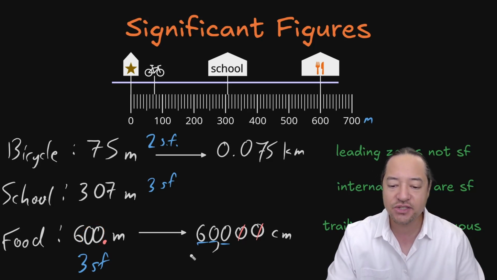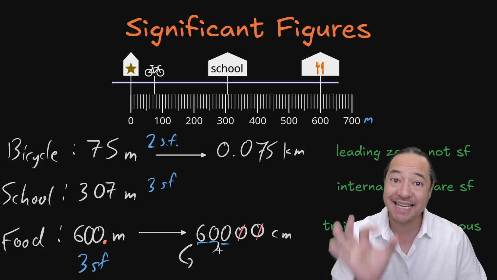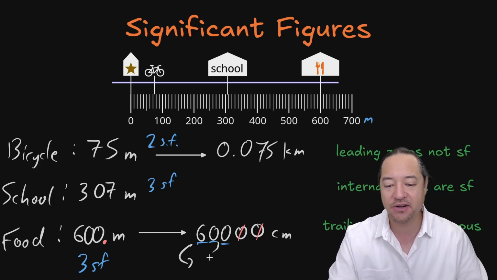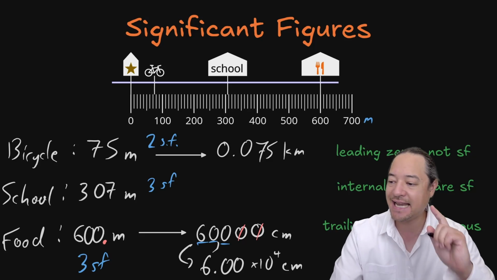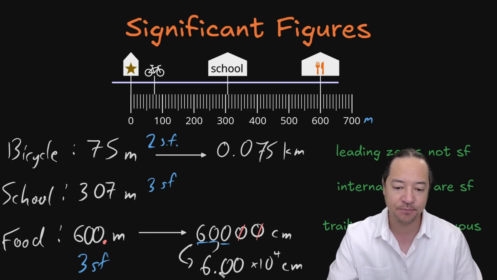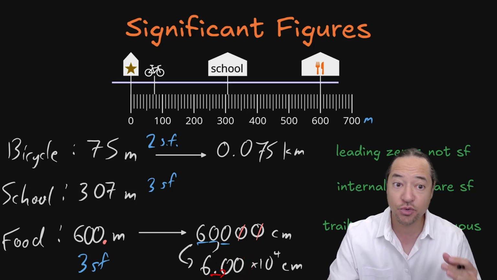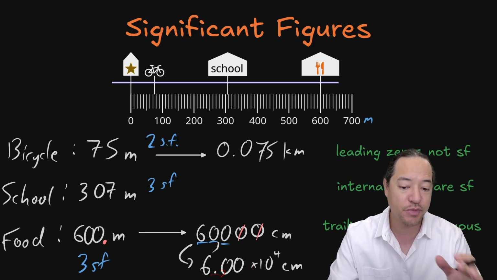But what if we wanted to have this number written in centimeters, right? Not in meters. Well, in that case, we will use scientific notation. That's what we learned about in our previous class. So I would write this as 6.00 times 10 to the 4 centimeters. And now in scientific notation, all of the zeros here are significant because all zeros to the right of a decimal point that you write down are going to be significant.